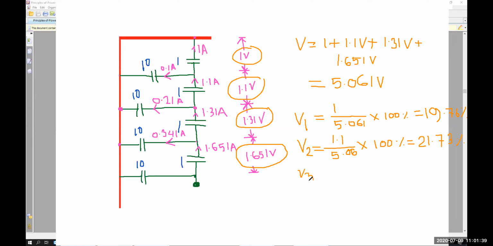V3 will be 1.31 divided by 5.061 into 100%. Your result will be 25.88.